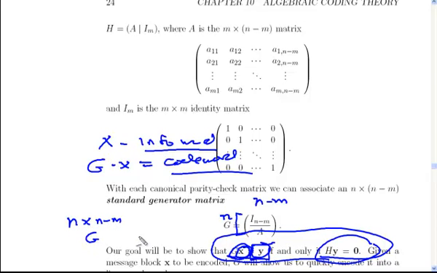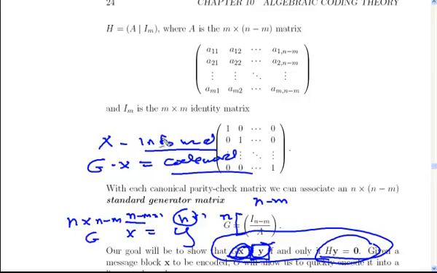In order for Gx to be equal to y, in order to make this matrix multiplication work out, x must be n minus m by 1. Then the result is going to be n by 1. Okay, so my code word has n digits. My message word has n minus m digits.